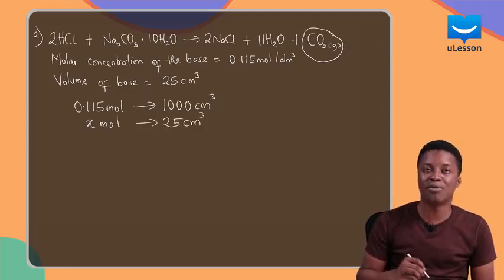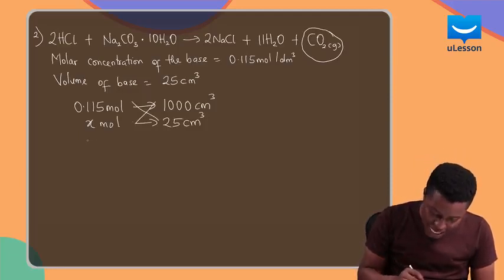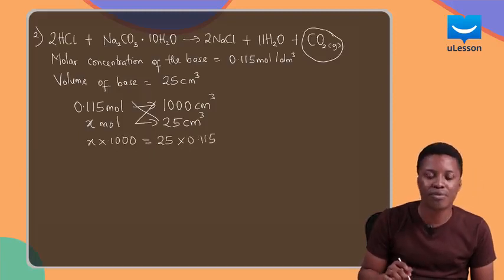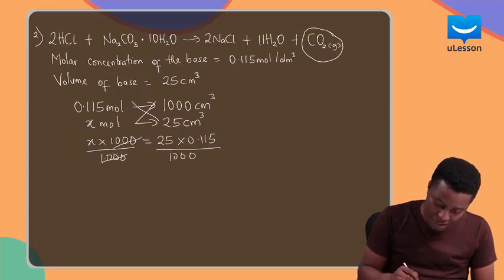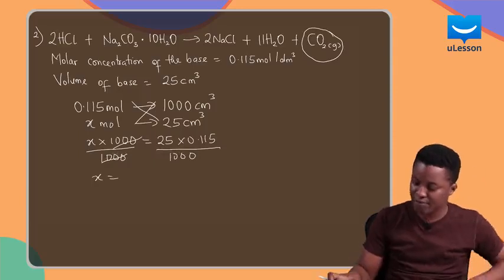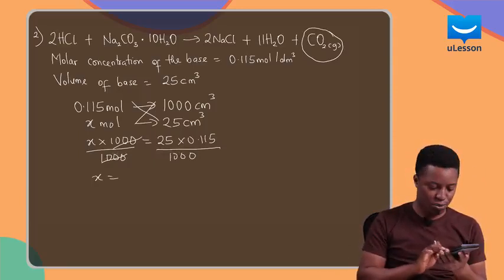To obtain the value of X here, we cross multiply, and this gives us X times 1000 equals 25 times 0.115. When we divide both sides by 1000, we obtain the value of X to be, let's do that here, 25 times 0.115 divided by 1000.